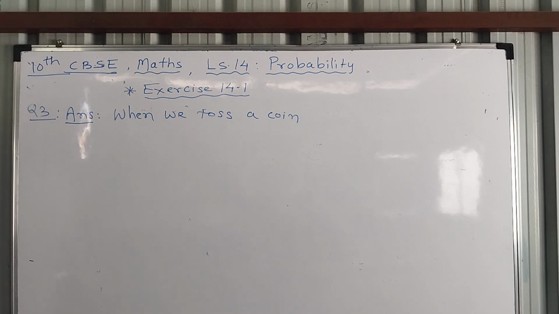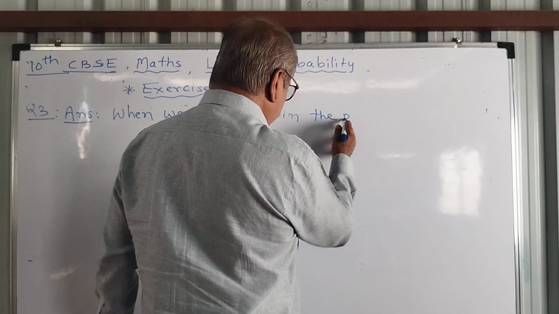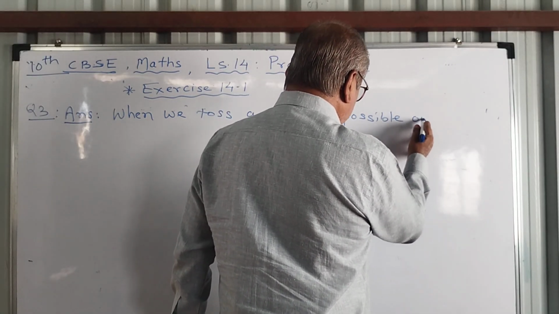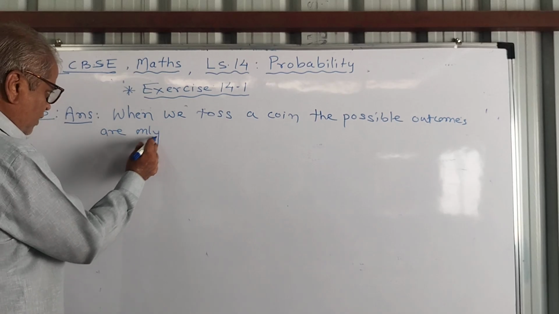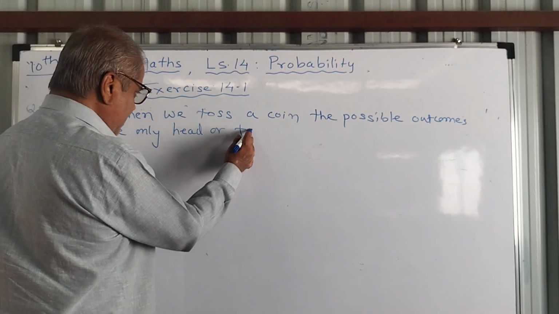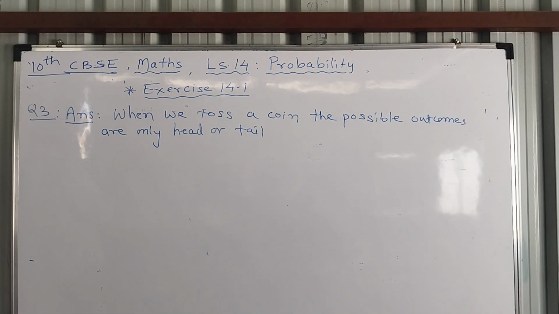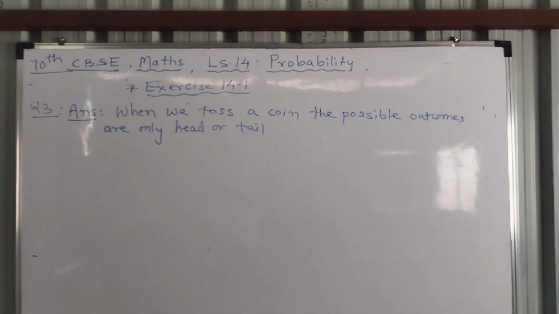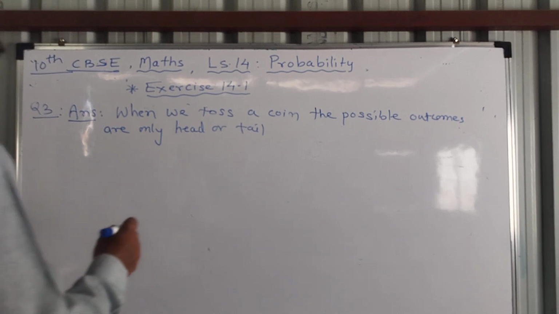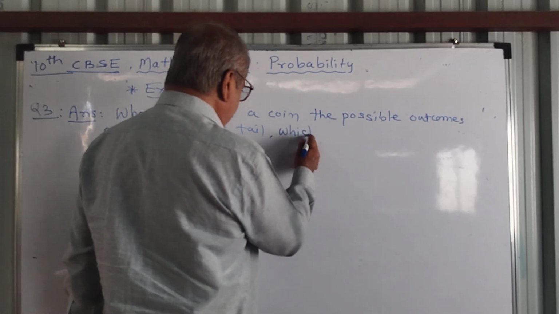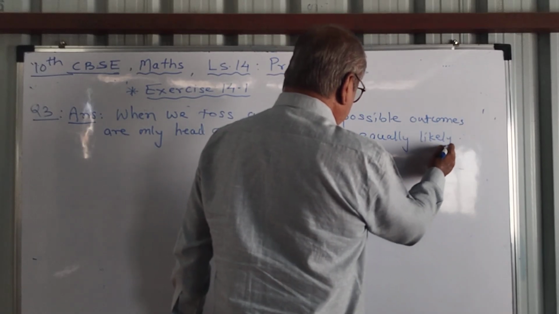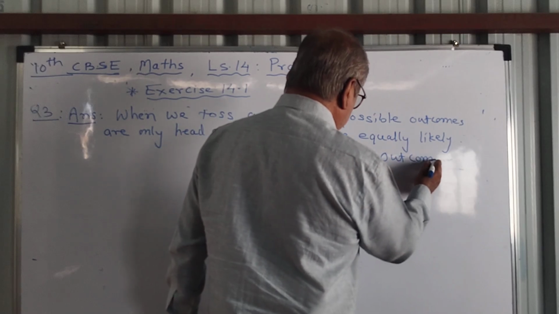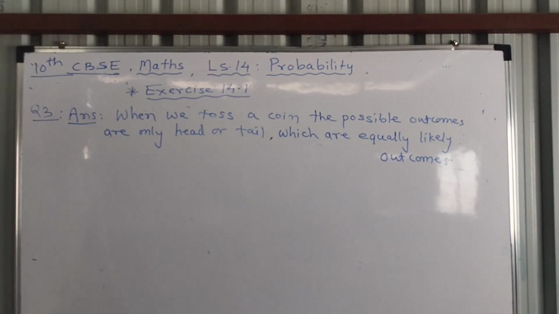The possible outcomes are only head or tail, and these are equally likely outcomes. So this is the answer for this question.